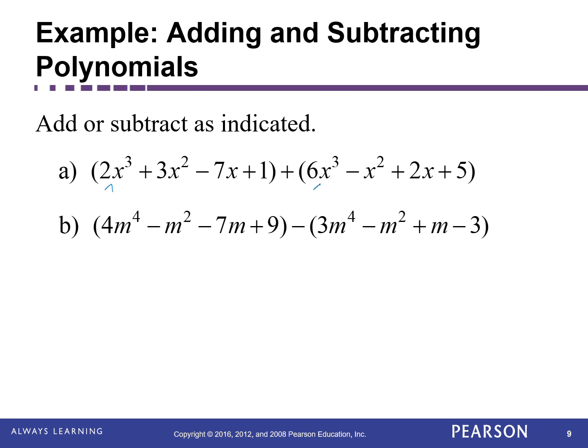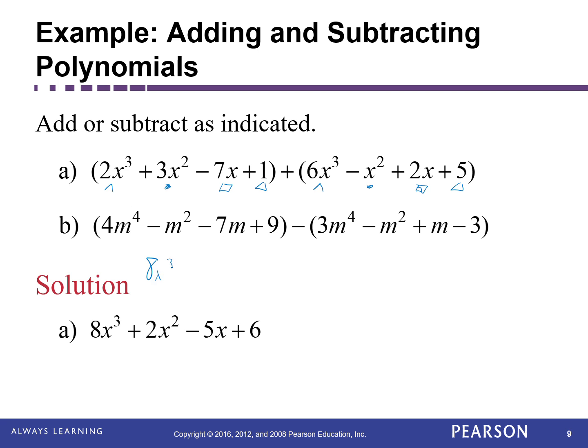2x to the third and 6x to the third are like terms. 3x squared and negative x squared are like terms. 7x and 2x are like terms. And I guess we'll do a triangle here. 1 and 5 are like terms. Okay. So what I'm going to do is I'm going to combine 2x to the third with 6x to the third. 2x to the third plus 6x to the third is 8x to the third.